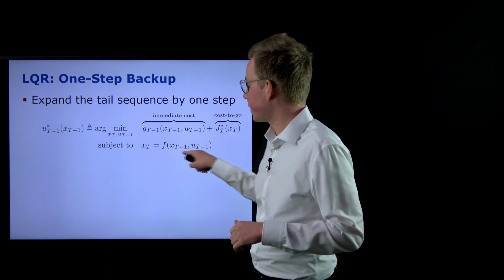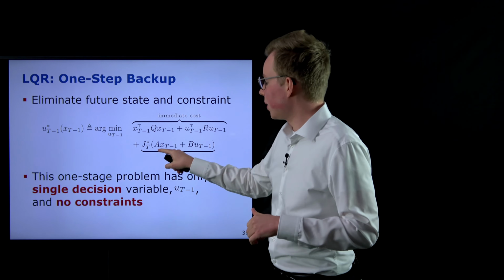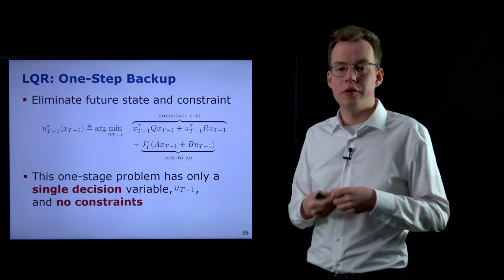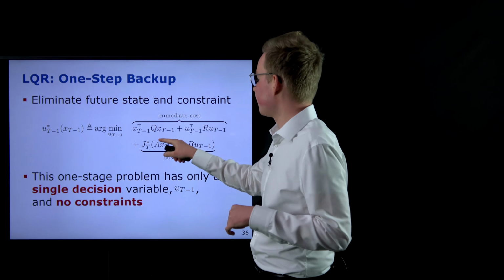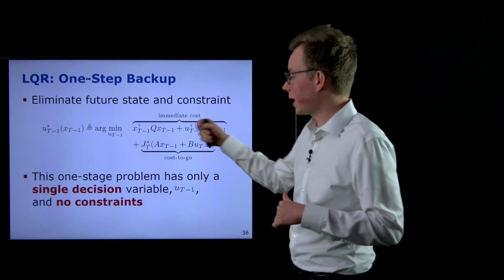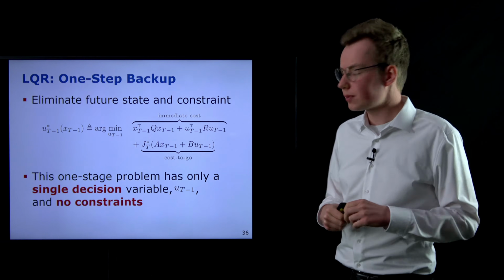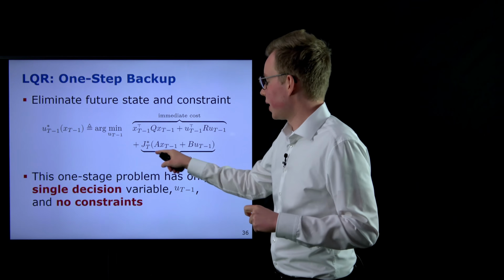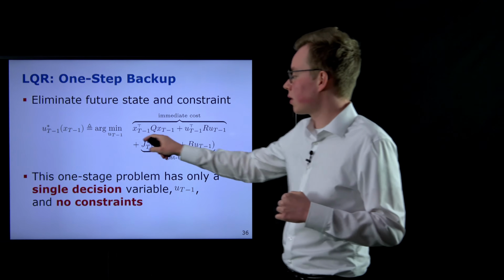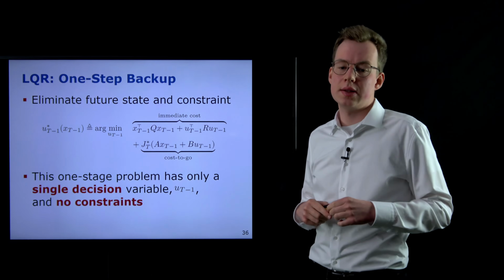Here we still have the dynamics constraints and the decision variable for x, but we can get rid of these constraints by applying exactly the same trick of forward simulation. We simply replace x at the final time step, so the next state, with the dynamics, so that we now have only the decision variable of the controls at t minus 1, and we have no constraints at all.